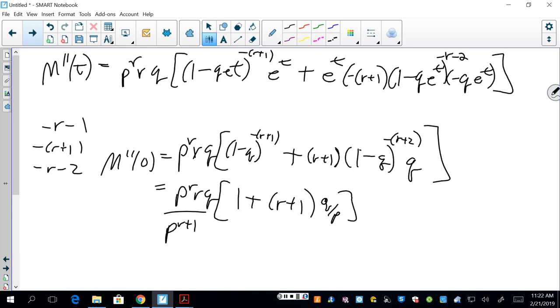Something like that. Yeah, the p needs to be to the r plus 2. There's an r plus 2, but I pulled r plus 1 of them out here.